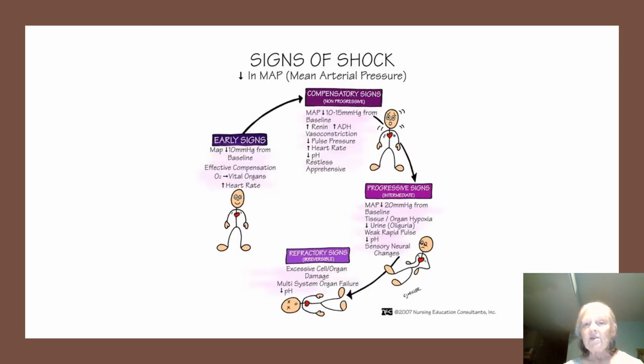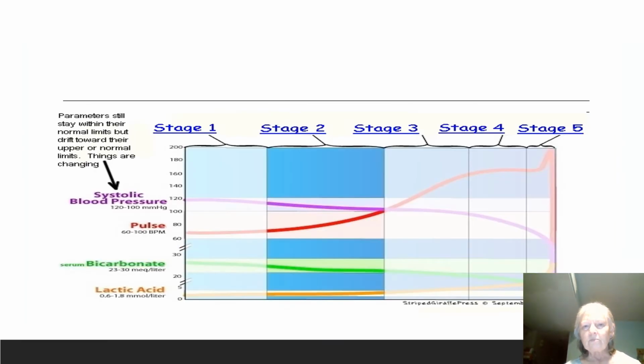So here are some signs of shock, including decreased mean arterial pressure, but it just shows you what's going to go on and how it gets worse as you go over time. And I had some really interesting tables I'm going to share with you. This one is one that I've found. If you follow the colors and you follow the lines as to where they go, stage 1, not too bad. Stage 2, we're having a little bit of difference.